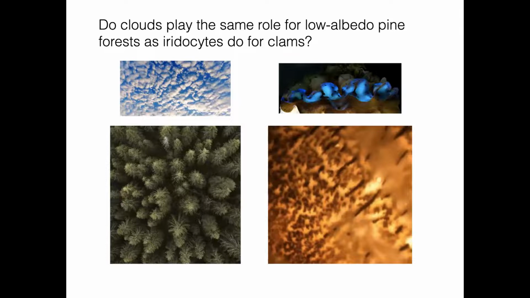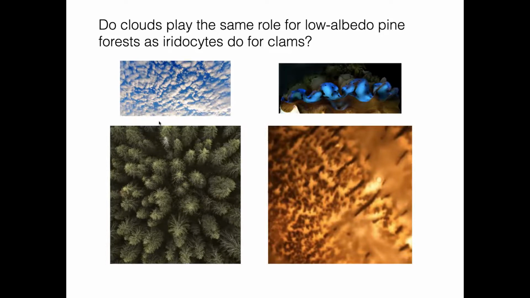And then the only photosynthetic systems on Earth that have anywhere approaching the high absorbance and flat absorbance of the giant clam system are spruce, or boreal spruce forests. And lo and behold, when you take a drone photo of a spruce forest and compare it to a backlit giant clam, the pillars of the clam poking up and the spruce trees poking up at you look very similar.